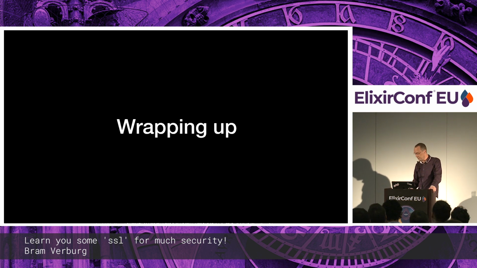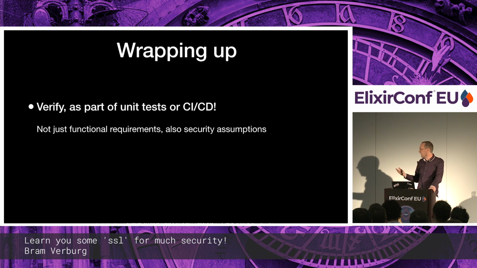So wrapping up, I think there are 2 key takeaways. One is when you're using TLS, make sure you verify the behavior. Don't just test the positive path, the happy path. Make sure you verify also the negative paths.